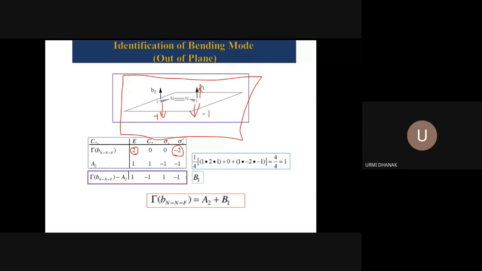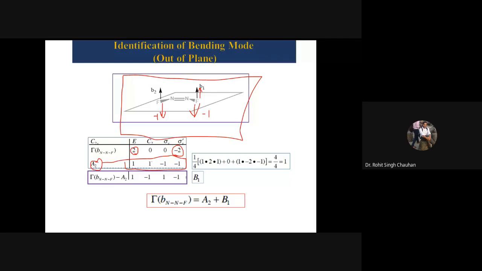Yes sir. Okay then. So again the same story. We are going to implement it on every reducible representation. I have written here only A2, because in the case of A1 we are getting 0, but you can do it at home. So I have taken this whole line from the character table, that is 1 1 1 minus 1. Now we will operate: 1 2 1, same here 1 2 1, then 1 0 1, so 0, then 1 0 minus 1, again 0, then 1 minus 2 1 minus 1.